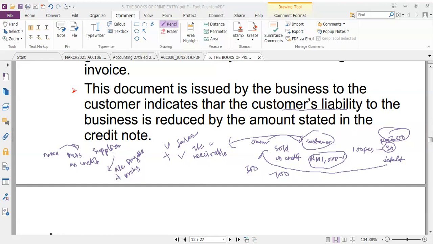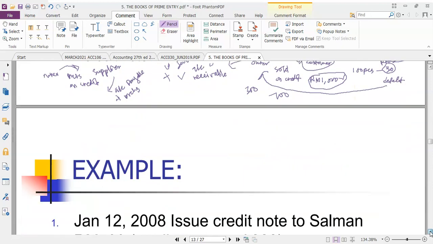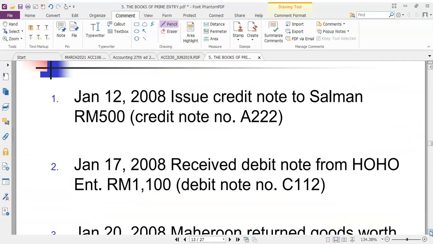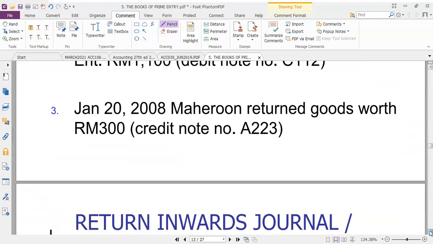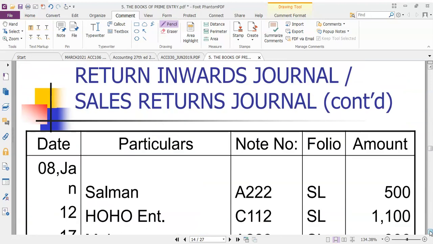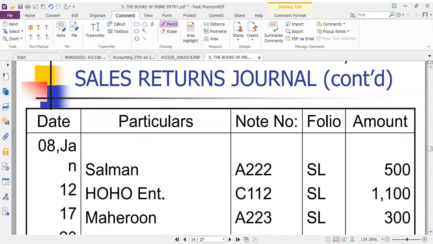Okay. So next, what else? Sales return or return inward journal. What is it? We look, it's the same. The journal format is the same: date, particulars, note number, folio and amount.